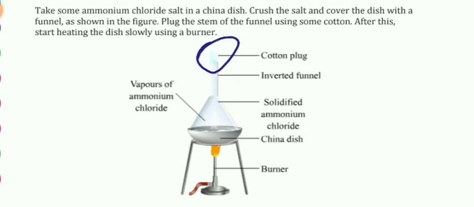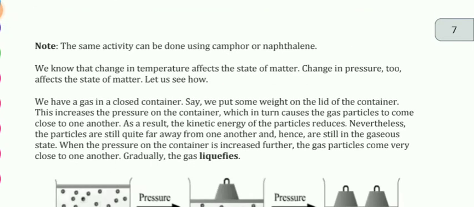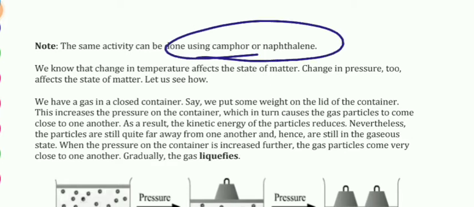So the vapor of ammonium chloride cannot escape from here, and after removing the funnel from the burner, it will cool down, and the ammonium chloride vapor will again get converted to solid ammonium chloride. This activity shows sublimation and deposition of ammonium chloride, which is a sublime. Now the same activity can be done using camphor and naphthalene also, because these two are also sublime.